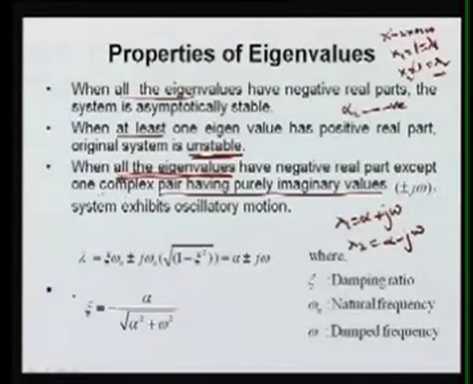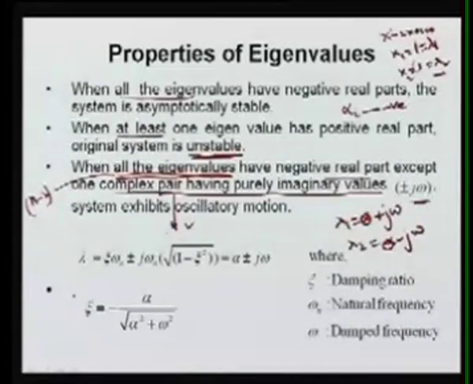So here, with this one complex pair, if you have n eigenvalues, then n minus 2 have a negative real part, and the 2, as a pair, if they are purely imaginary and lie on the imaginary axis, that is plus minus j omega, means the real part is 0, then the system exhibits oscillatory motion.